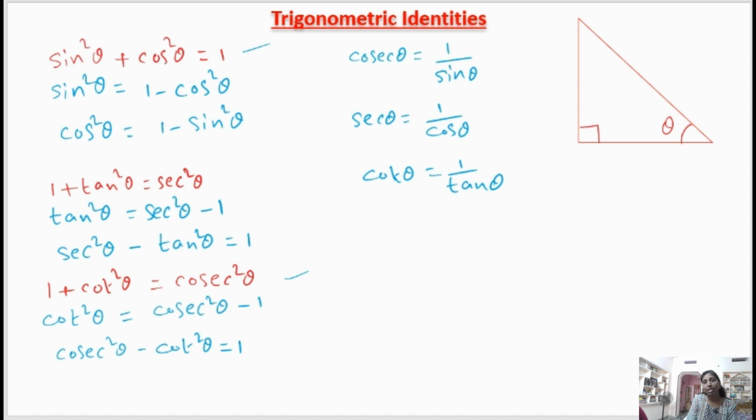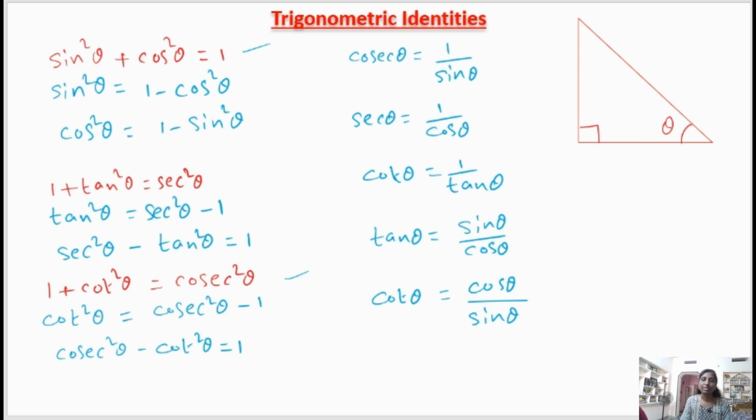Tan theta can be written in terms of sin theta and cos theta as sin theta by cos theta, and cot theta is equal to cos theta by sin theta. You will apply all these relations further, so you should remember all of these.